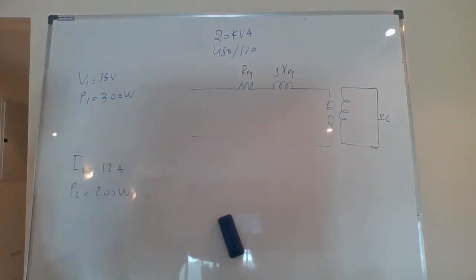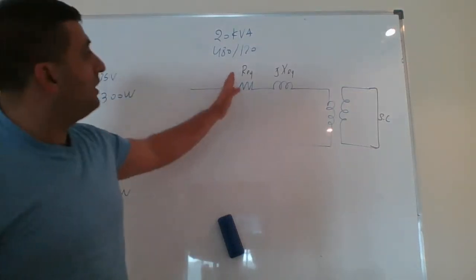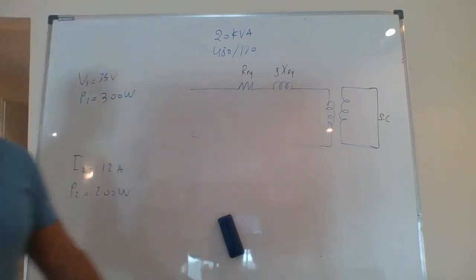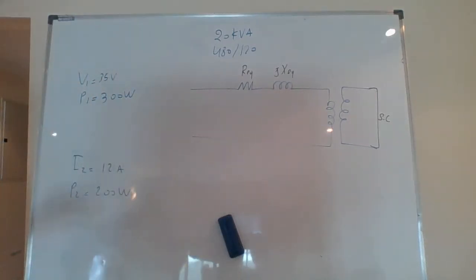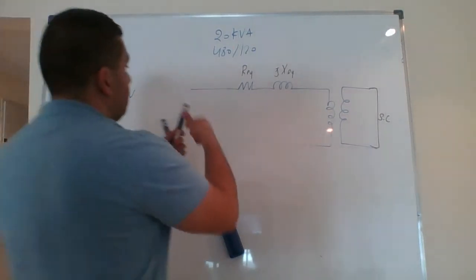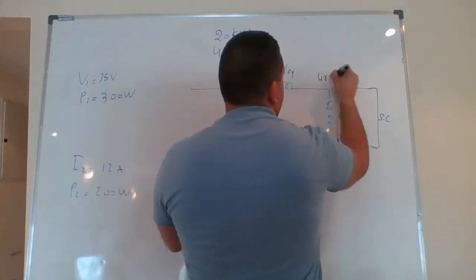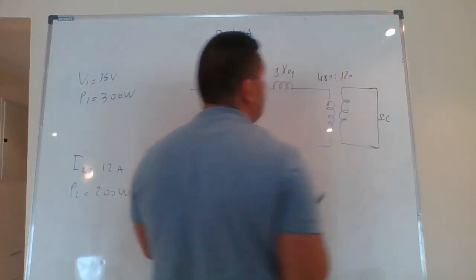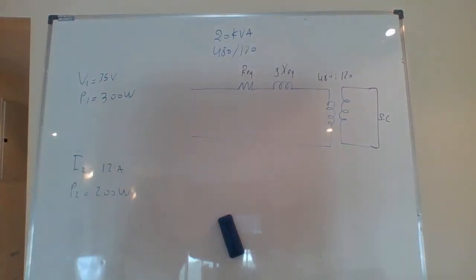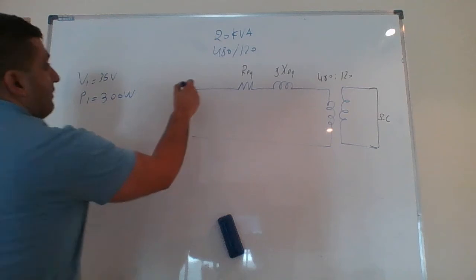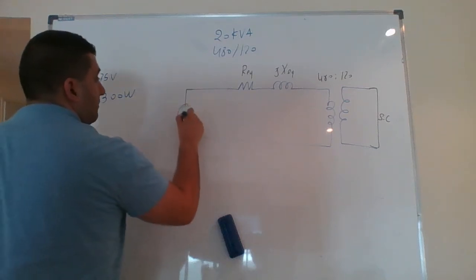From the previous slide, we know that R equivalent is equal to R1 plus a squared R2. Same for the X. Now, we know that this transformer is 480 to 120, and I have a voltage applied to it.